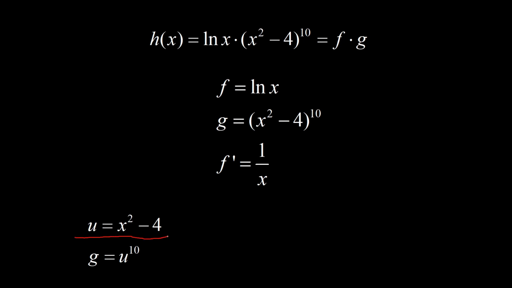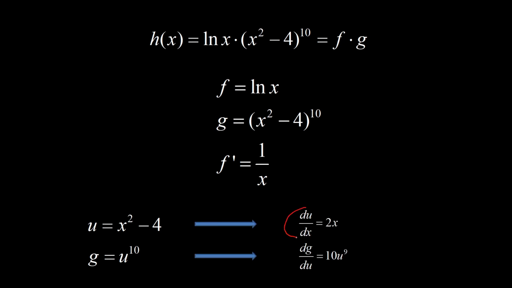So for the derivative of u, we have a power function and a constant here. So the derivative of u is 2x. Remember, the derivative of a constant is always 0. And the derivative of u to the 10th, another power function derivative, is 10u to the 9th.